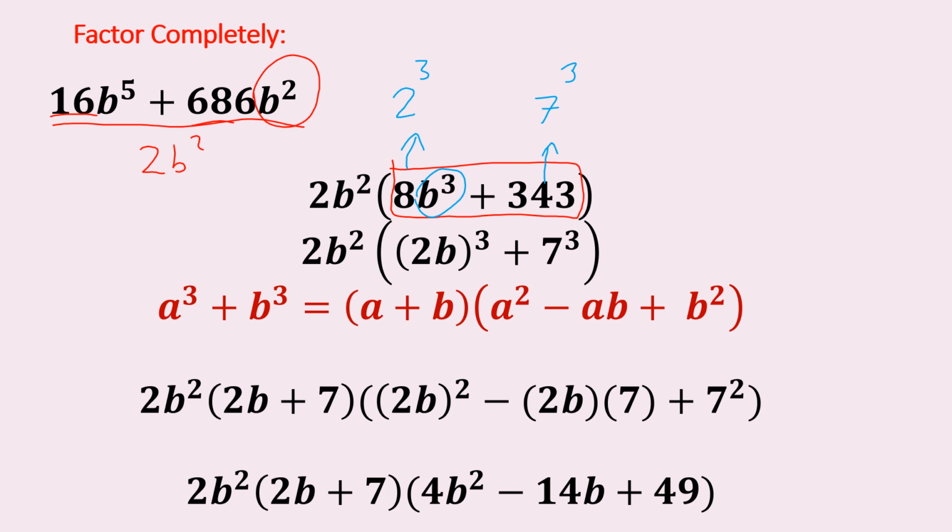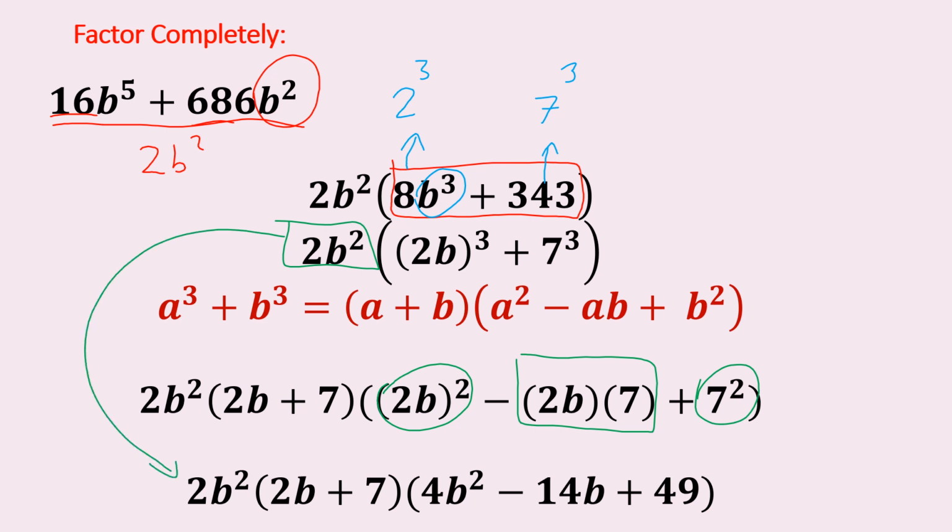When we simplify, make sure you square everything here. So it's 4b squared, multiply these, square the 7, and we get our answer. So the GCF, don't forget, it's always out front. 2b squared, then b plus 7, and then we have 4b squared minus 14b plus 49.